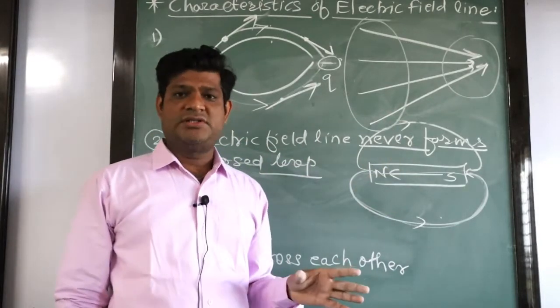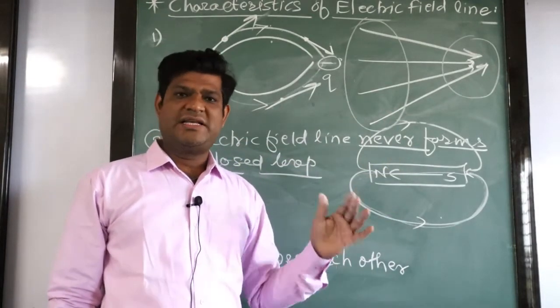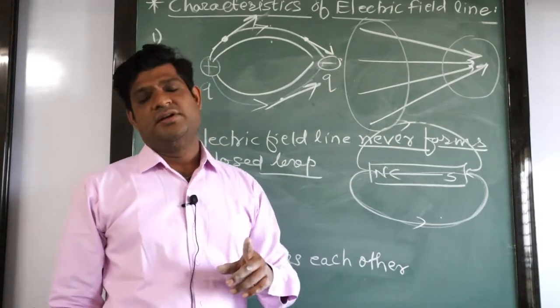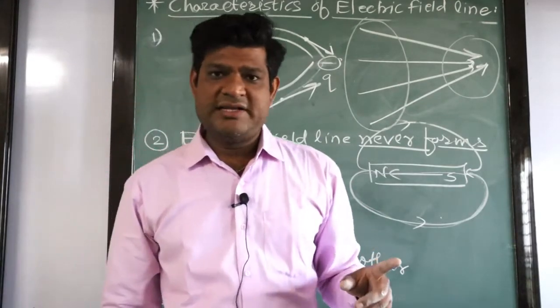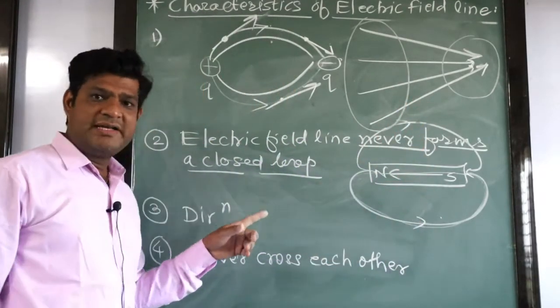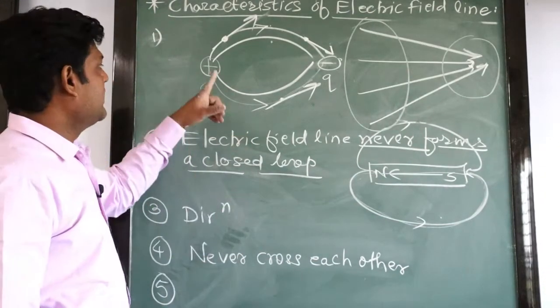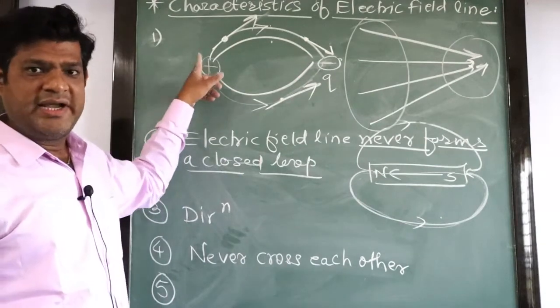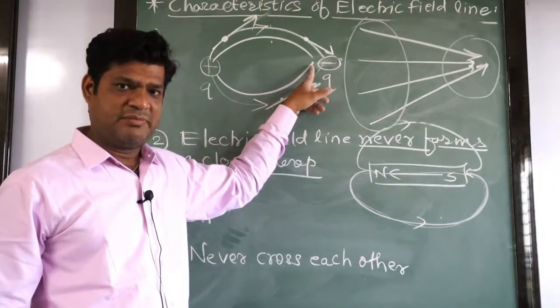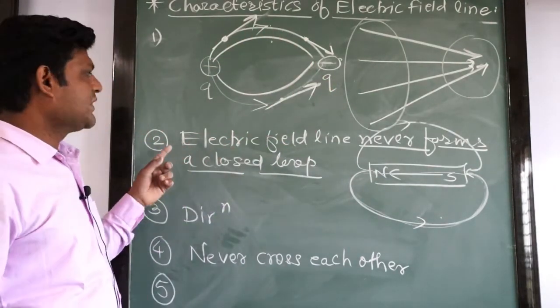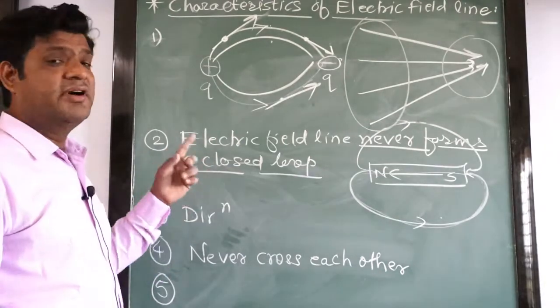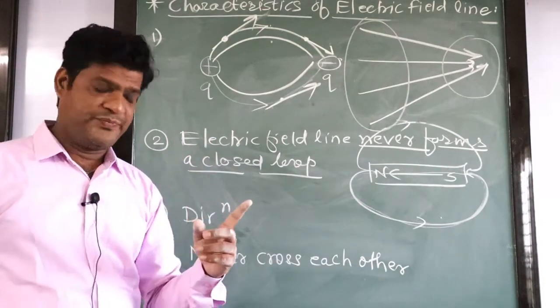This is a very important question. There is a 2-mark question in the examination: write the characteristics of electric field lines. Let us revise the same topic. There are five characteristics. First, electric field lines start from positive and end at the negative charge particle. Second, electric field lines never form a closed loop.